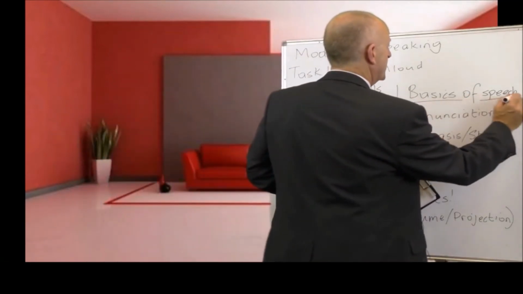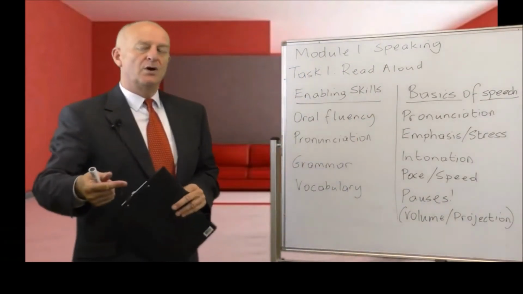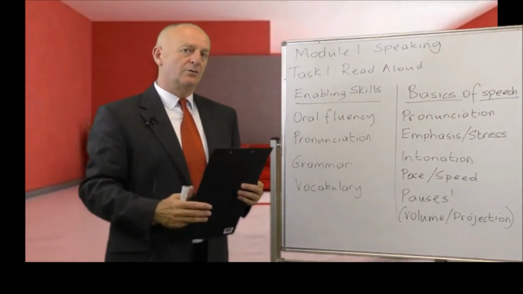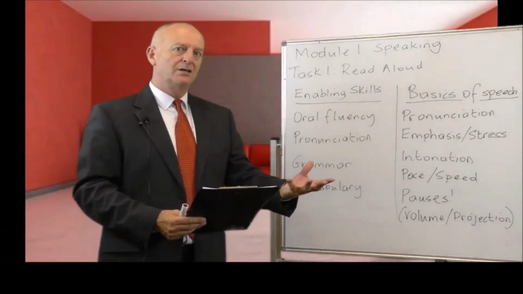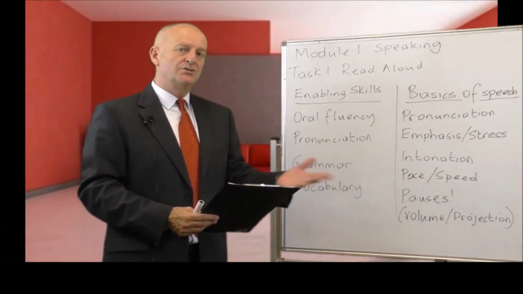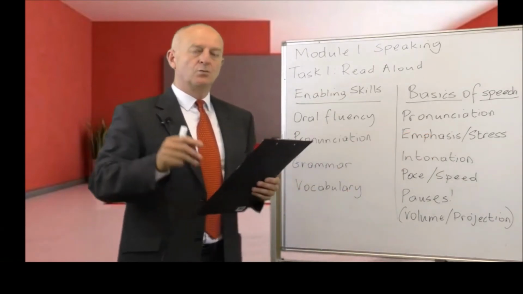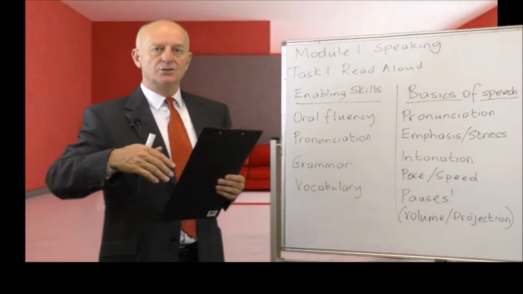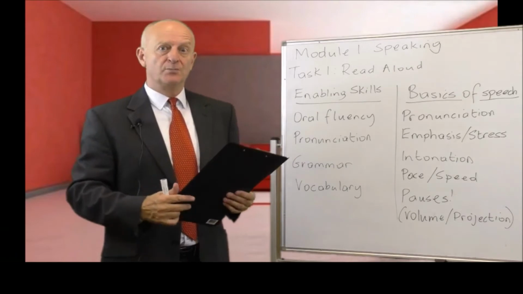So basics of speech, and we're going to think about each one of these as we work our way through 6 Read Aloud passages. Pronunciation, the sounds that you make, particularly the endings of words you can think about. Emphasis and stress, so words or sounds that you emphasize just to give them a little bit more meaning or importance.